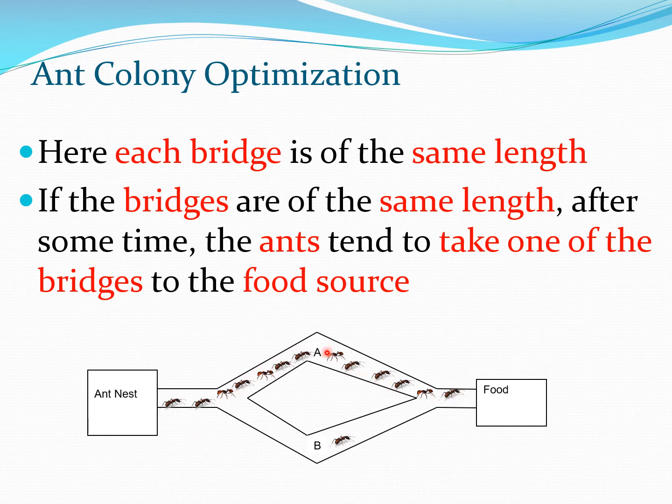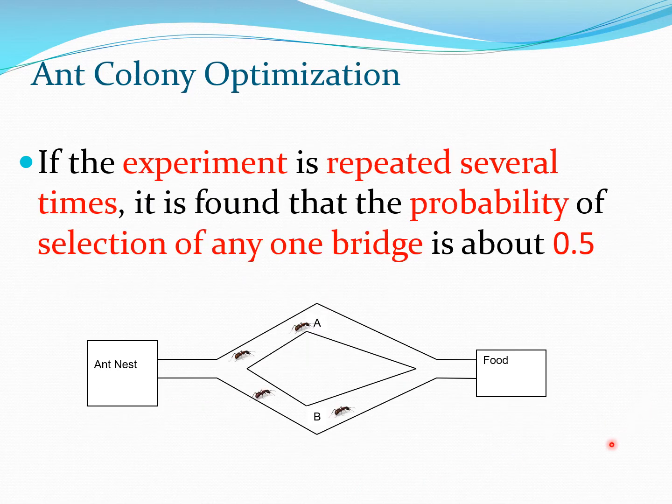They will take the bridge we have marked as A, and maybe there may be one or zero lone ant which takes the bridge B. Maybe this ant is following a road less traveled or thinks differently, like Steve Jobs. Now, if you repeat this experiment, the probability of selection of any one bridge comes to about 0.5.